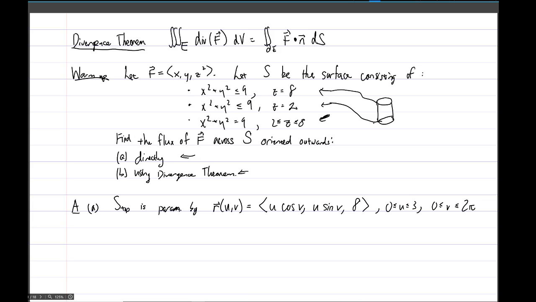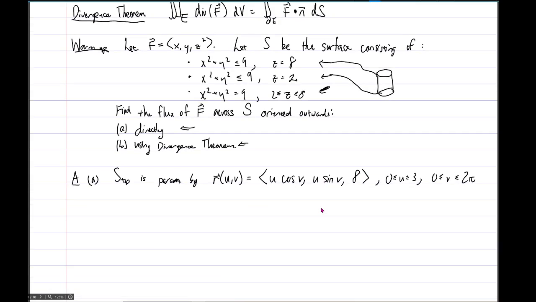Okay, so then let's go through these steps, and you might have some of the steps in a different order. r sub u is cosine v, sine v, 0, and r sub v is negative u sine v, u cosine v, 0. And the cross product, we will not work out all the detail here, but it will turn out to be 0, 0, u.